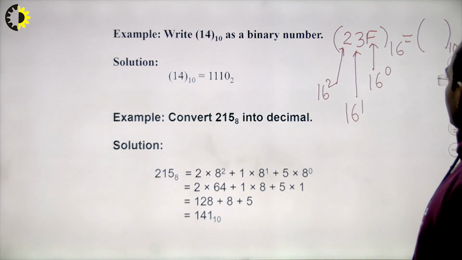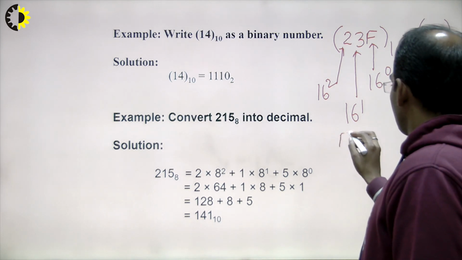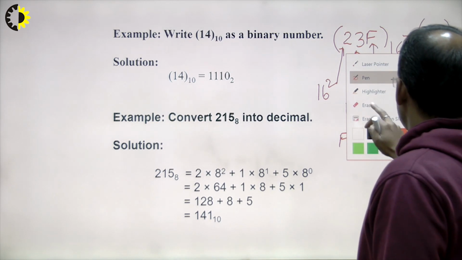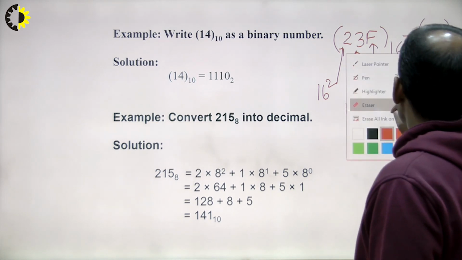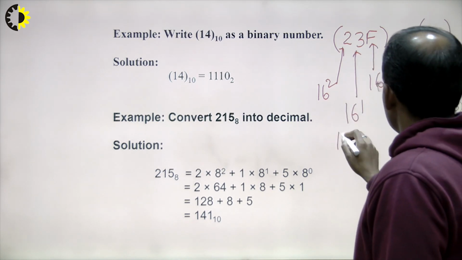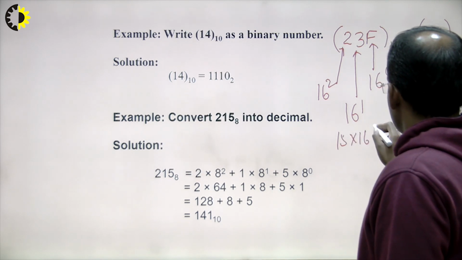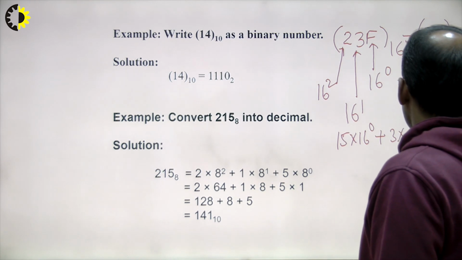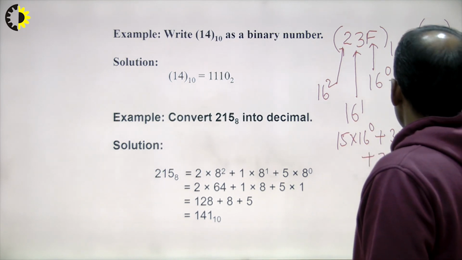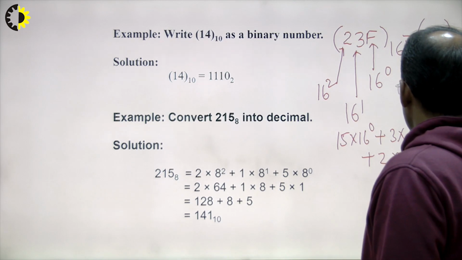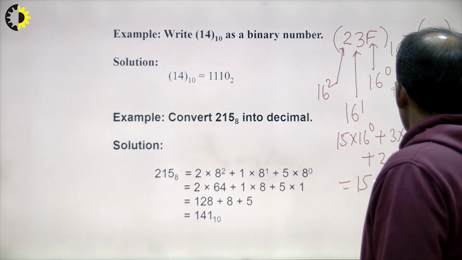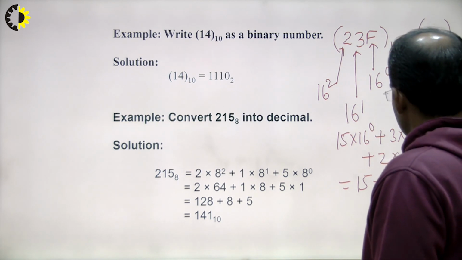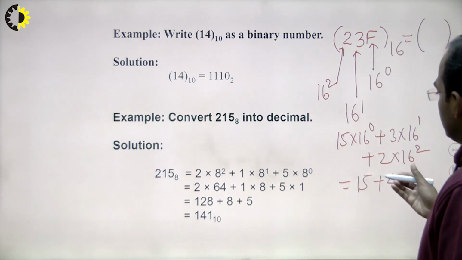For converting this into the decimal number system, this will be equal to F, or I can write here 15, into 16 to the power 0 plus 3 into 16 to the power 1 plus 2 into 16 to the power 2. This will give 15 plus 48 plus 256 multiplied by 2, that is 512.